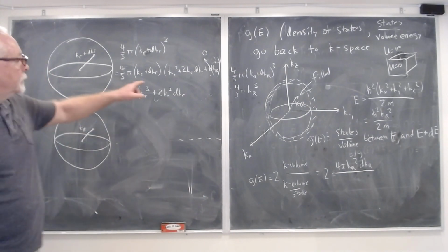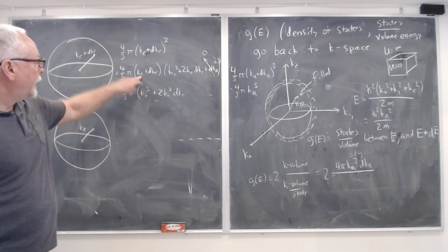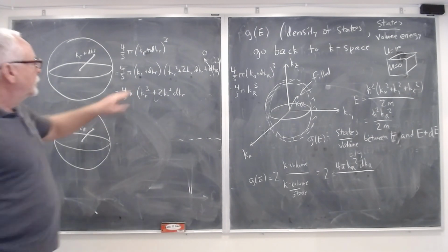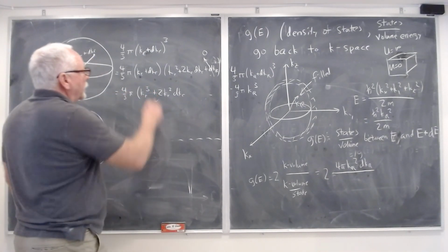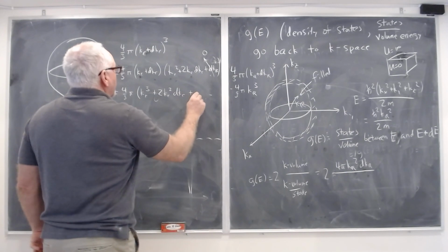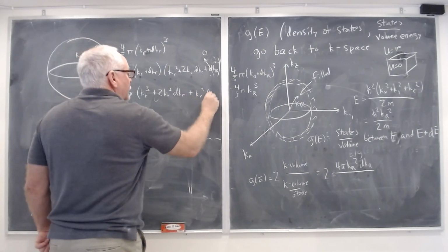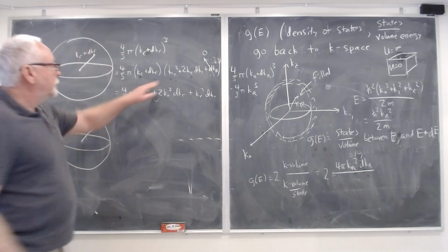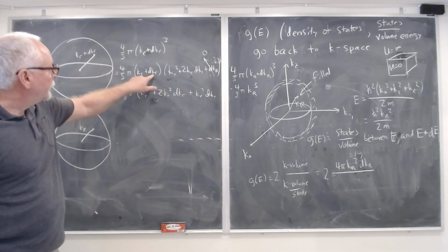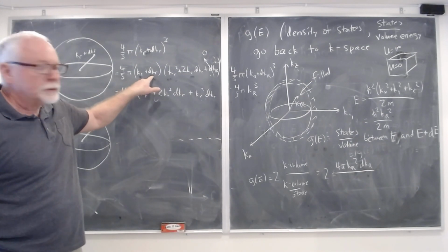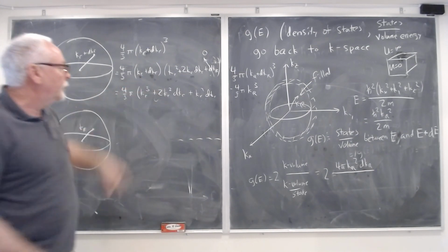So I took k_r and multiplied times those two elements that remain. Now I'm going to add this one here, plus k_r squared dk_r, right? That's this one. Now this one goes away because, again, if you have dk_r squared or whatever, it goes away to 0.